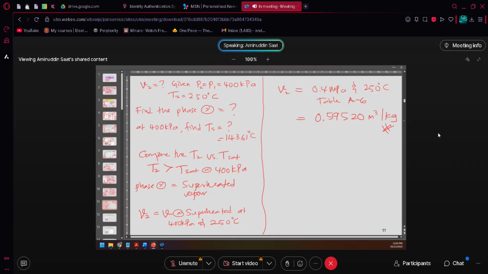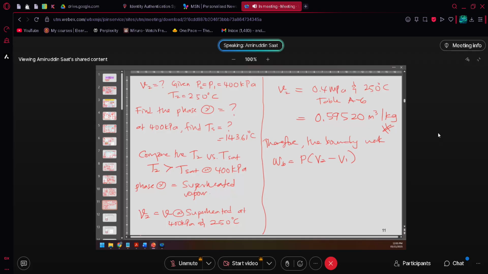Once you get V2, you can go back to the original boundary work. Therefore, the boundary work by the steam equals P V2 minus P V1.